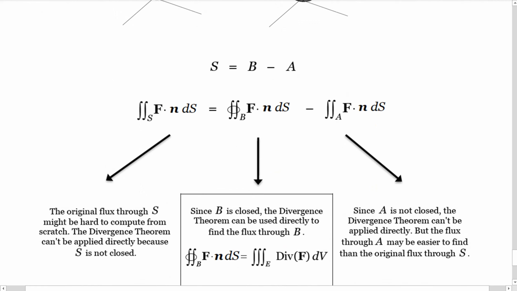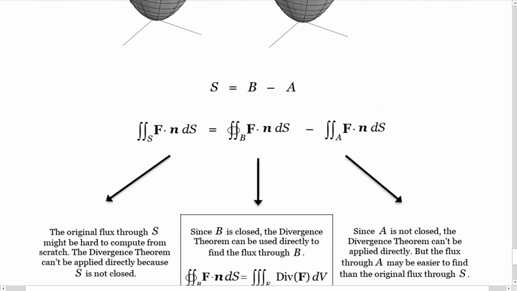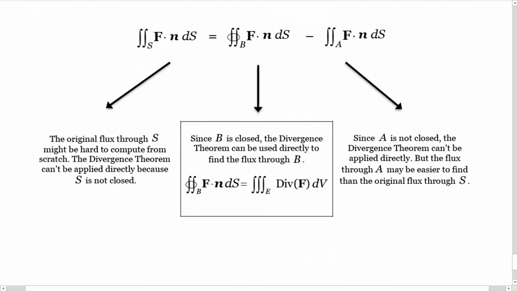So we can add a surface. Usually we add a flat disk, because for a flat disk the normal vector is a constant, so it's easier to calculate. The flux integral on S is the original flux through the surface S, which might be hard to compute from scratch.